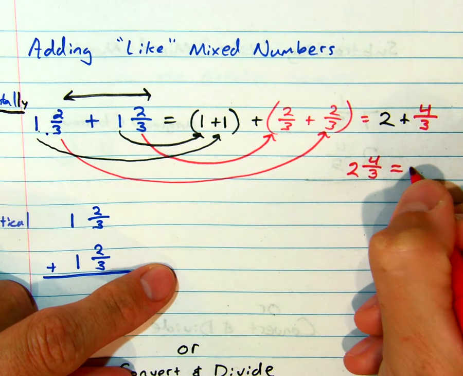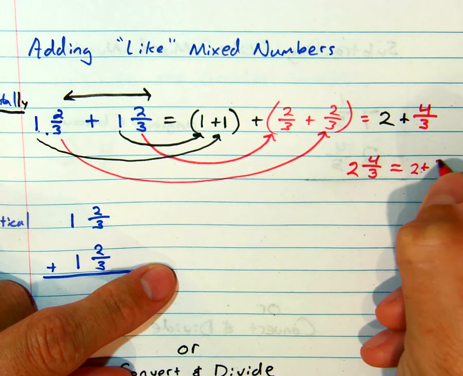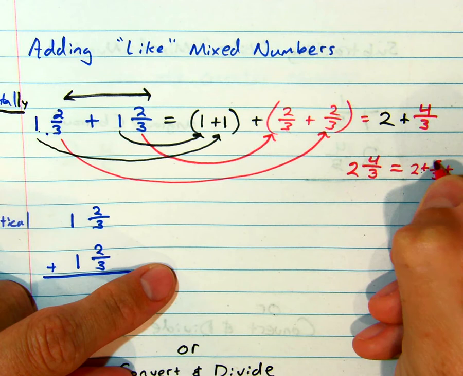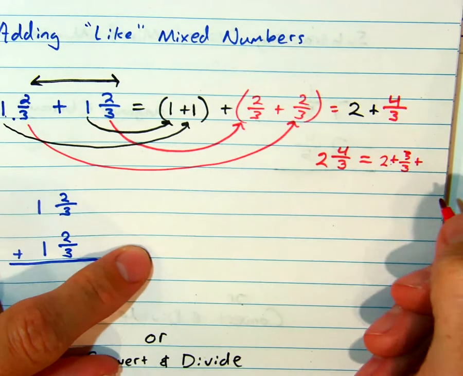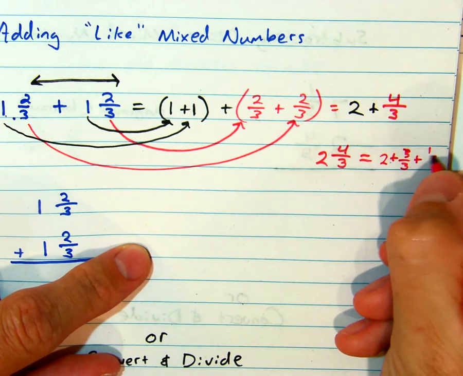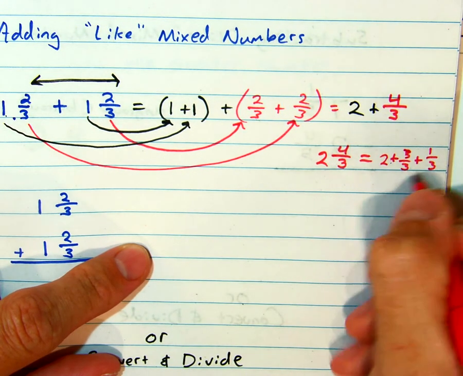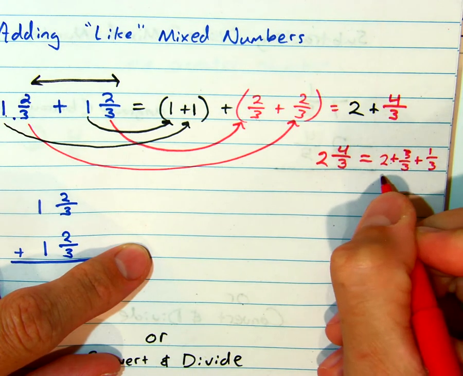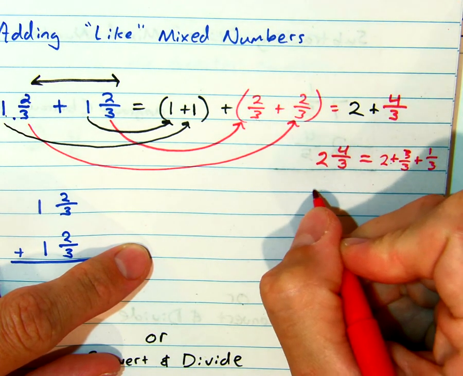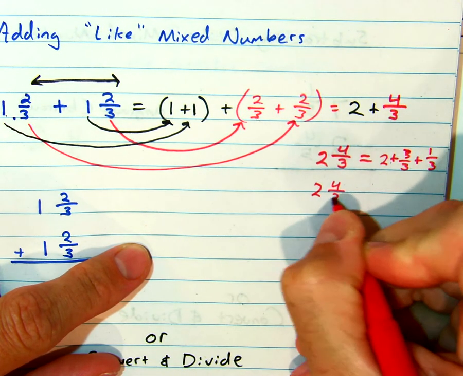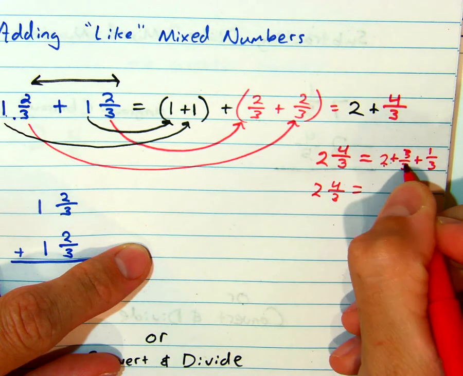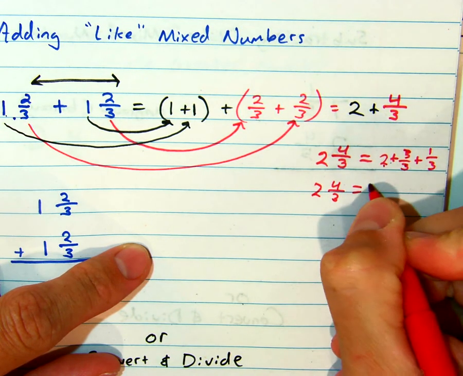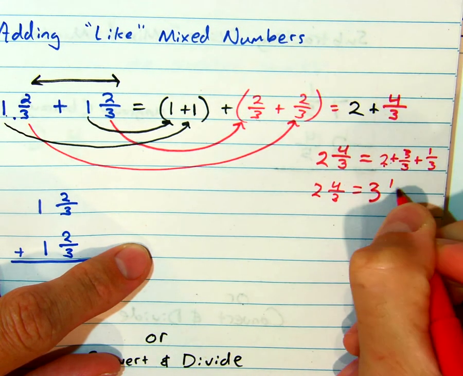It would be 2 plus 3/3 plus 1/3. Let's reorganize this, and we can say that 2 4/3 is equal to 2 plus 3/3 plus 1/3, which is 3 1/3.